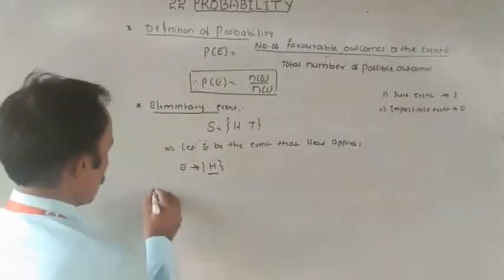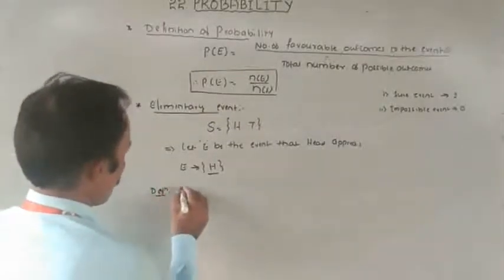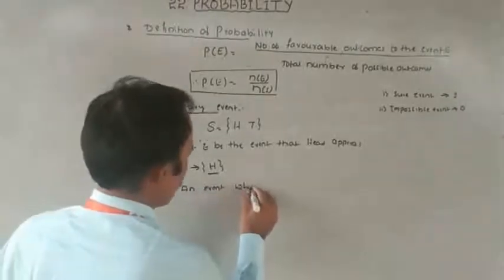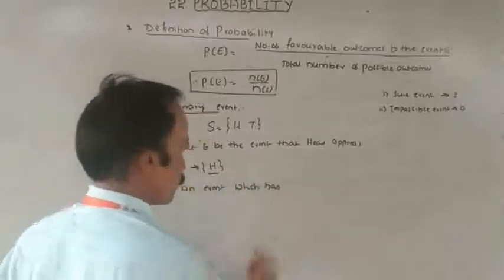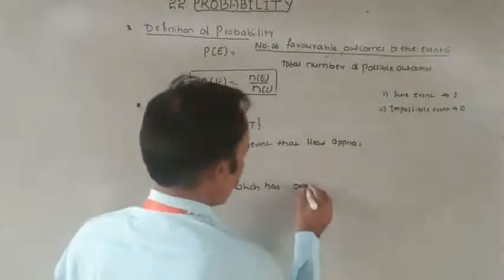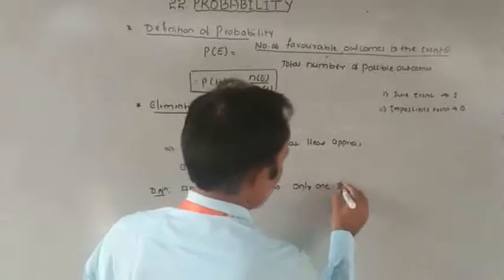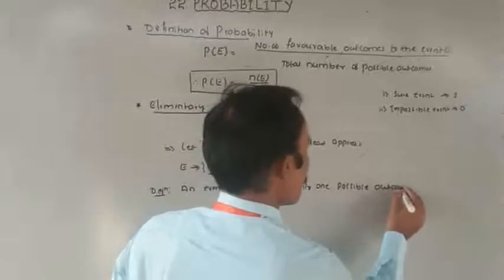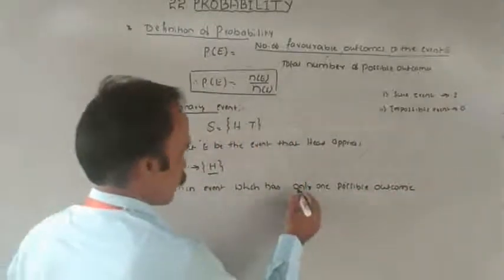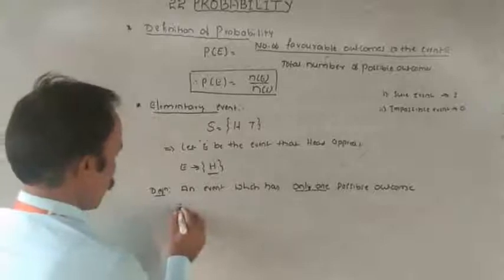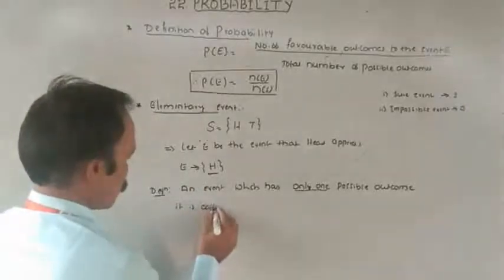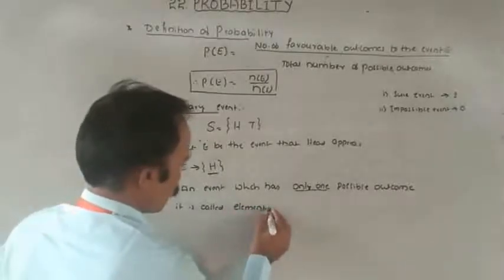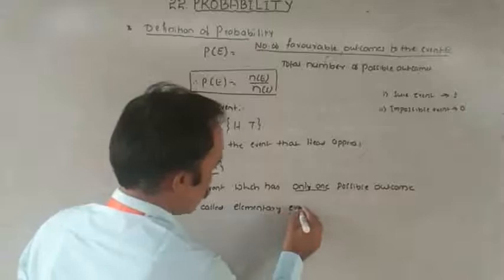Let's note down the definition. An event which has only one possible outcome is called an elementary event.